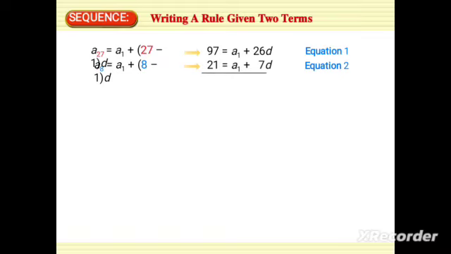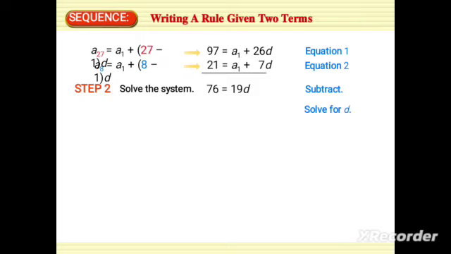We can solve by elimination so that we eliminate a, and now in step number 2, through elimination we will get the value of d, after which we can substitute in any of the above equations to find the value of a. Then we'll write down the nth term having the real values of a and d.